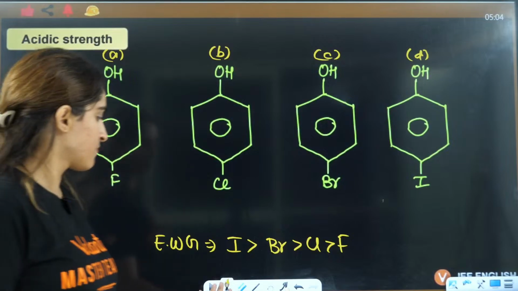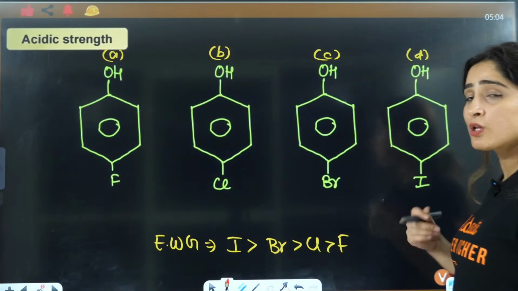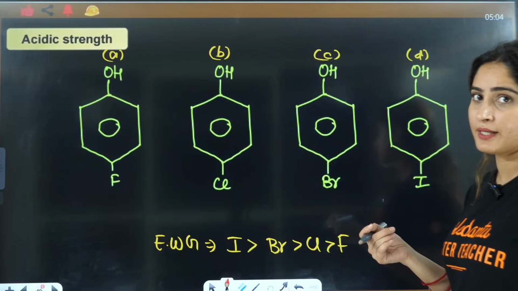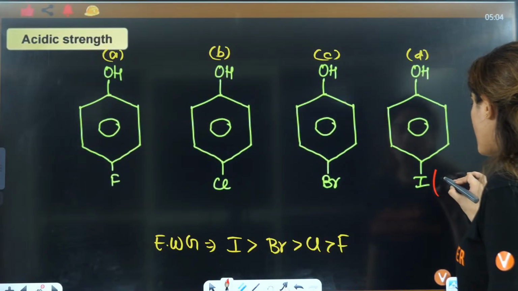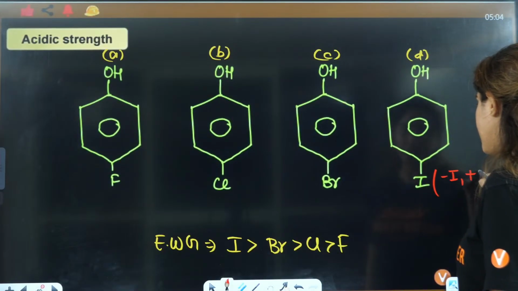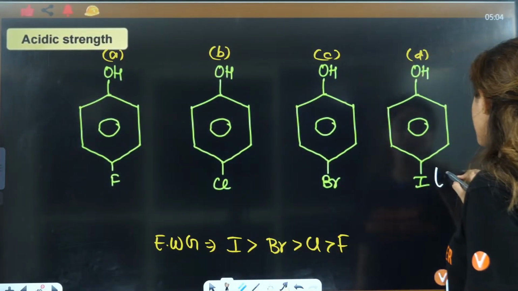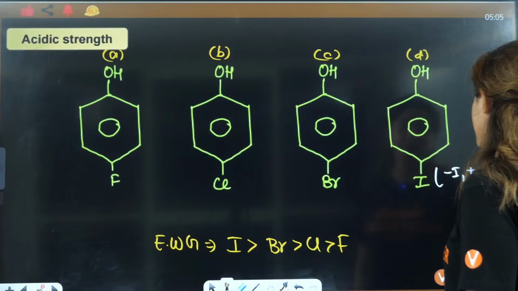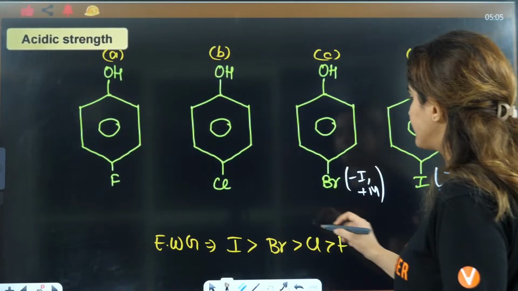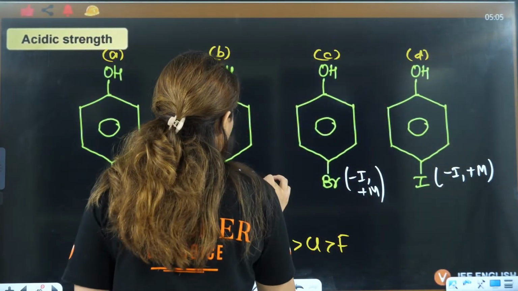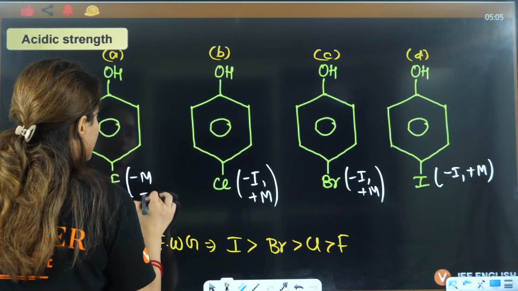So this has maximum minus I, right? But we also need to consider plus M here, because minus I and plus M both are valid here. Firstly, I'll just write what is valid: here minus I plus M both are valid, here also, here also, and here also.